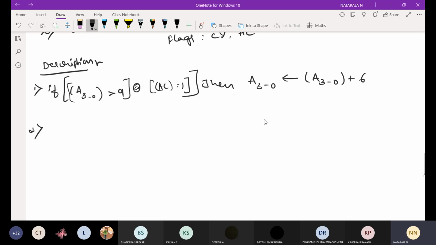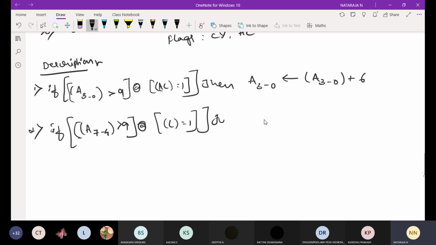The second condition, if A7 to A4 is greater than 9, or the carry flag is equal to 1, then A7 to A4 is stored with A7 to A4 plus 6.